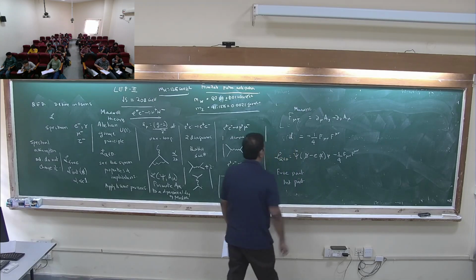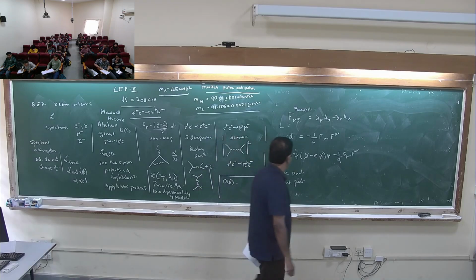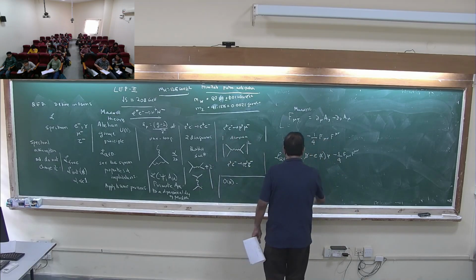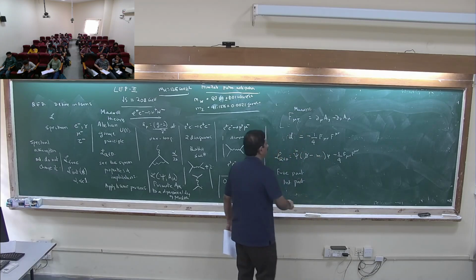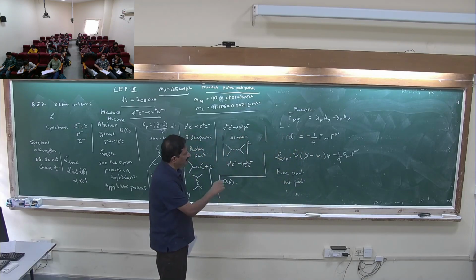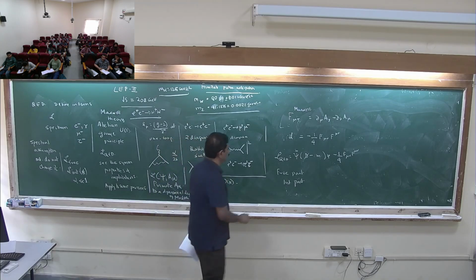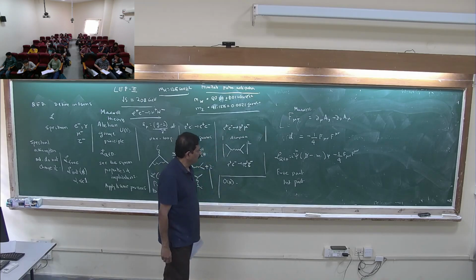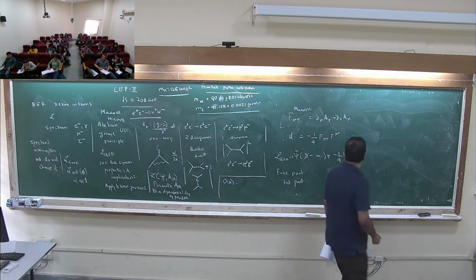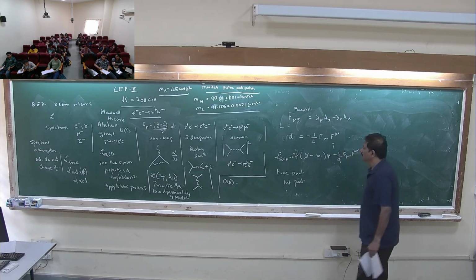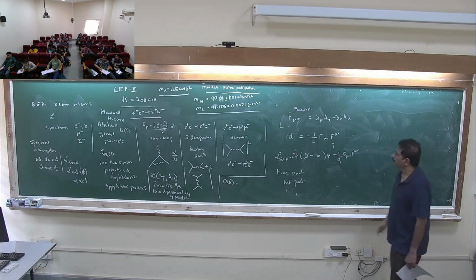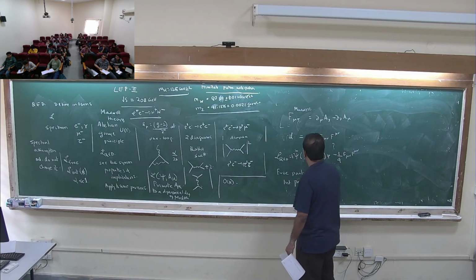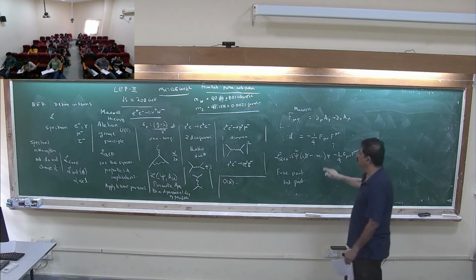Right? What's the free part of this? Oops, this is wrong. The D slash already has this. Sorry, I may have some i's missing here and there. I think there's an i over here. But please check this. Is this okay?